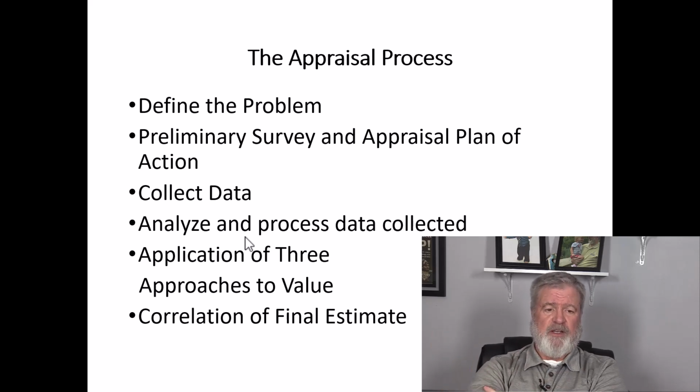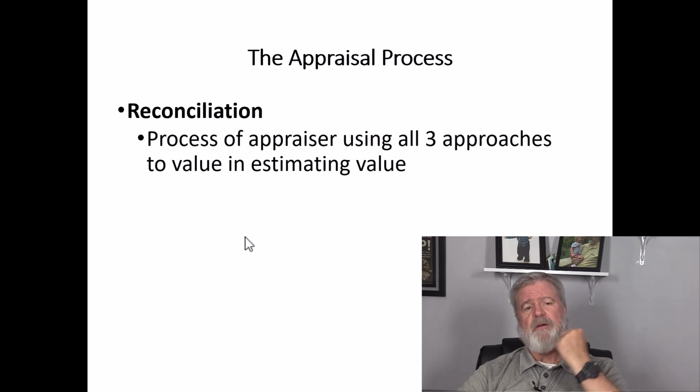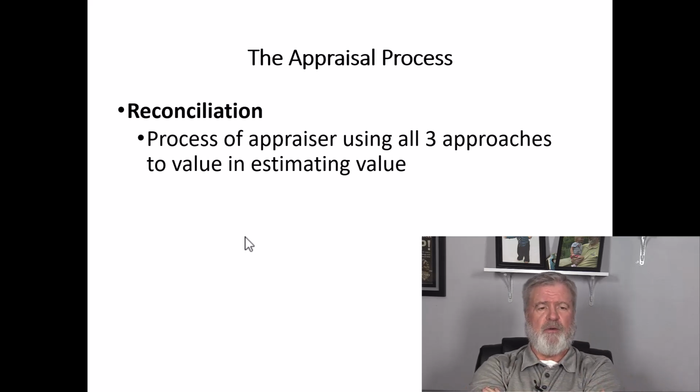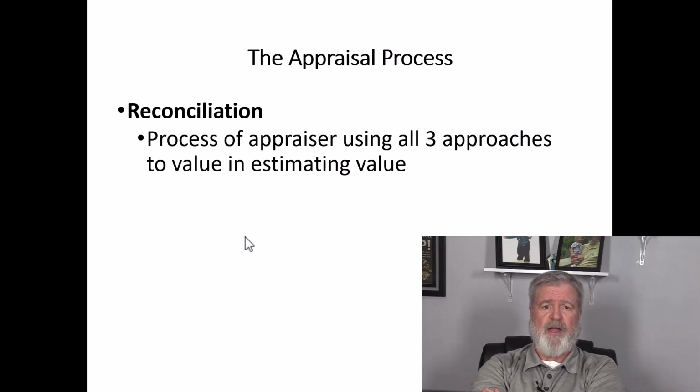And then lastly, we have to come up with our final estimate of value. But then you see this term here, the last thing you should see is a term called reconciliation. That's an appraisal term, meaning that the appraiser has used all 3 approaches to value to come up with their estimate or opinion of value.